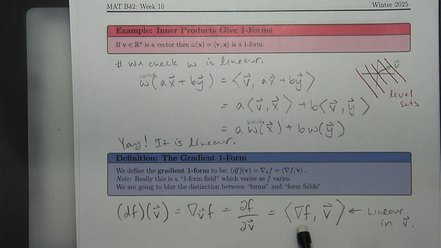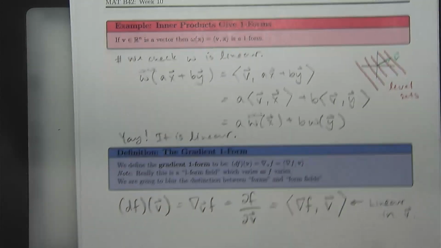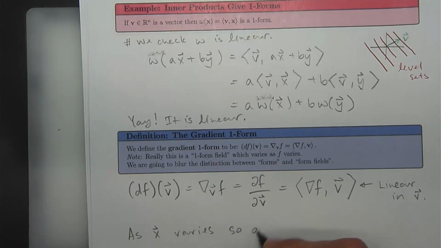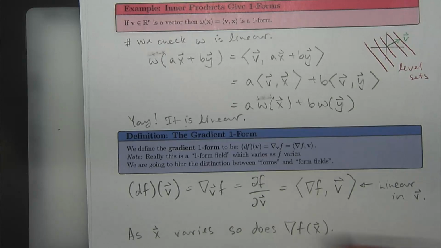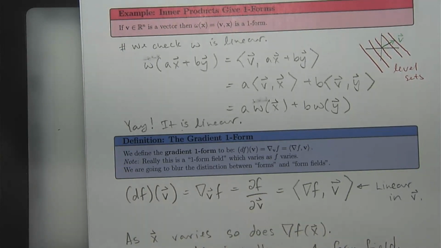As x changes, this guy is going to change, so df of v will change. Okay, so it's really a one form field.